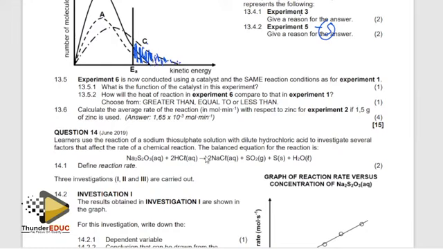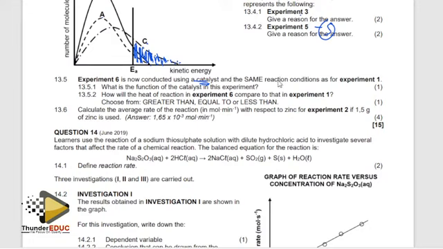Now you go to the next question. What are they saying? What is the function? Experiment 6 is now conducted using the catalyst. Catalyst, remember, it speeds up the rate of reaction. Yes, it speeds up the rate of what? Reaction. So they're saying the same conditions as for experiment 1. What is the function of a catalyst?